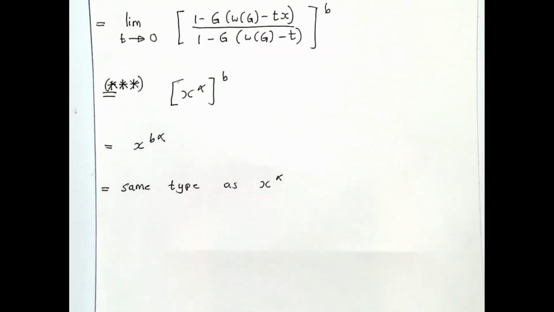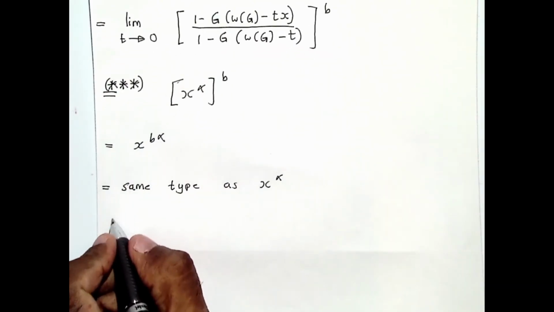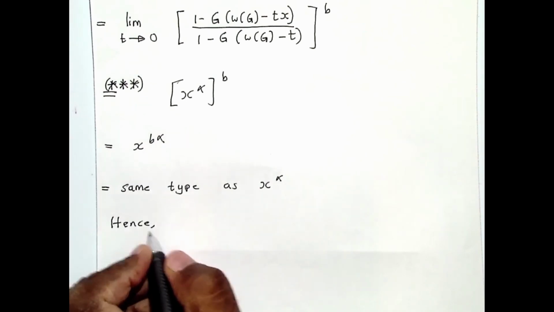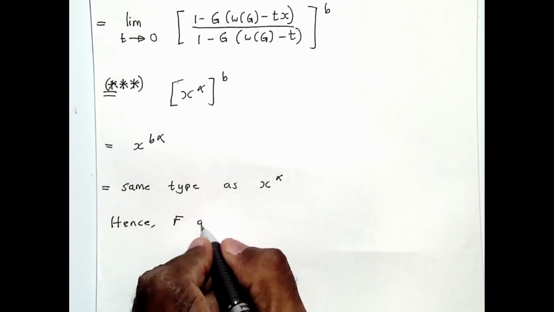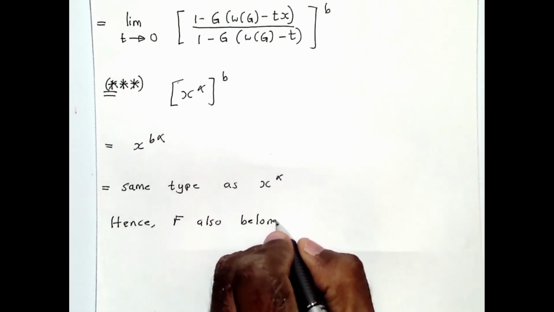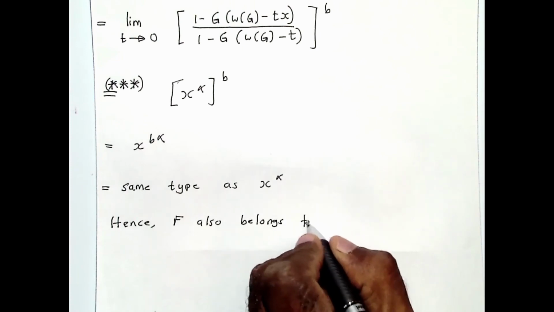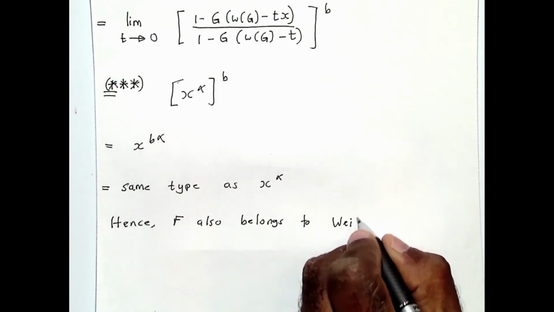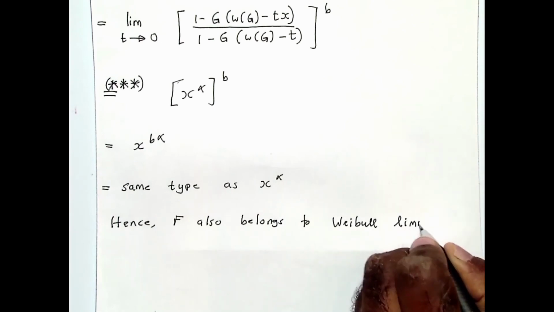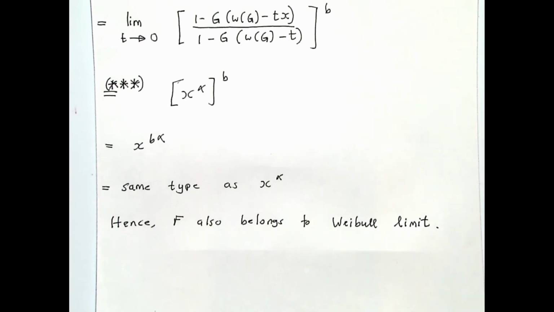All right, so hence we have shown f also belongs to the viable limit. All right.